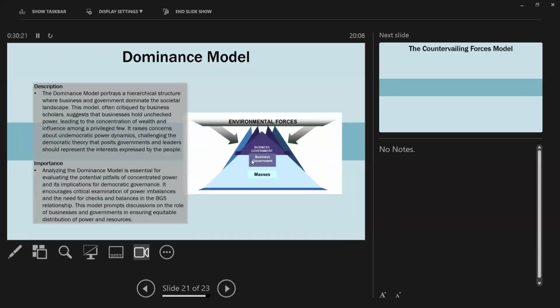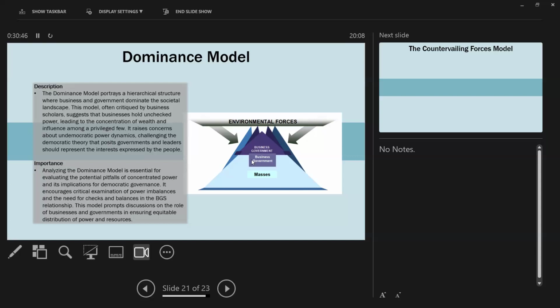Then there's what we call the dominance model. You can see on the right side there the pictorial depiction of the model from the study guide. The dominance model portrays a hierarchical structure where business and government dominate the societal landscape.